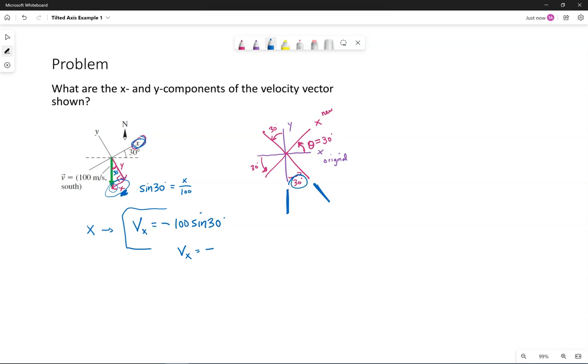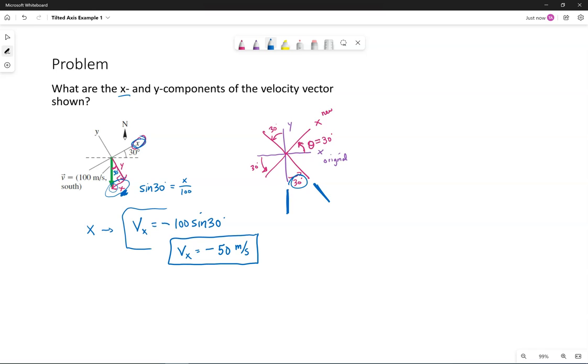I can never remember whether it's sine of 30 or sine of 60 that gives me 1/2. That's 30. So we can, in this case, say the x component of this velocity vector in the coordinate system they've supplied to us is negative 50 meters per second. So this is our answer for the x component.